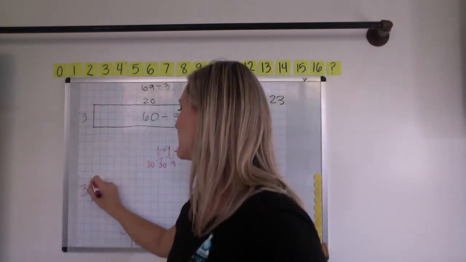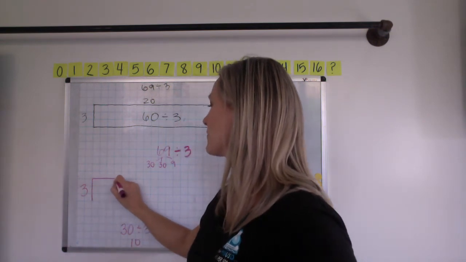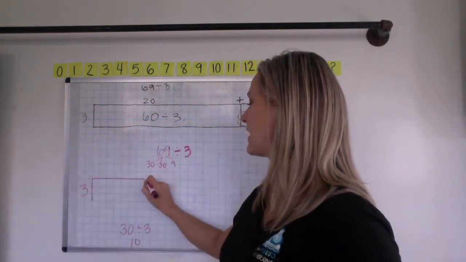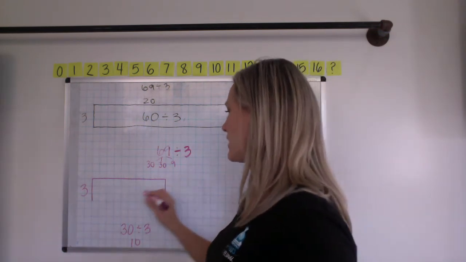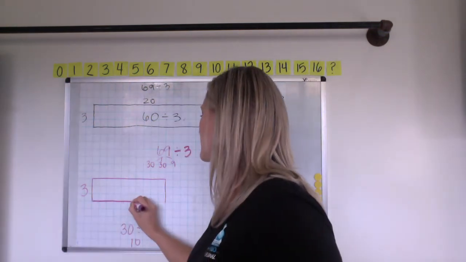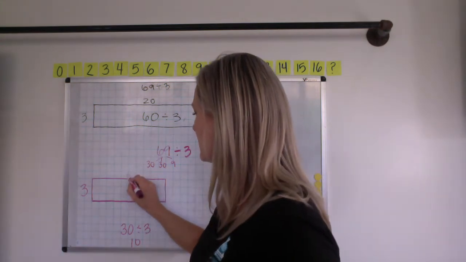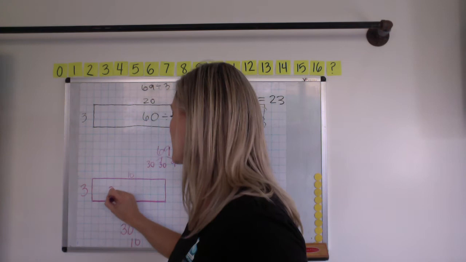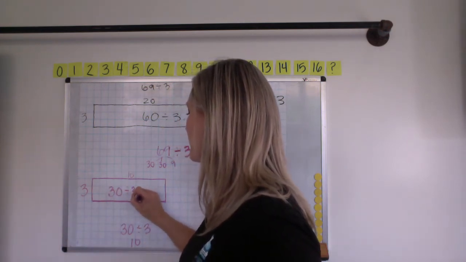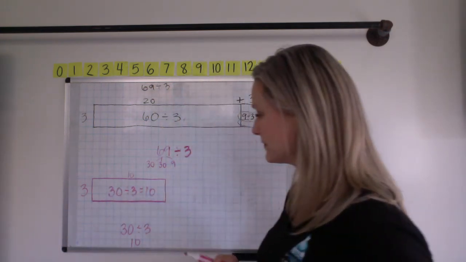I'm going to make 1, 2, 3, 4, 5, 6, 7, 8, 9, 10. So I went 10 across. And 10 times 3 is 30, right? So this is 30 divided by 3 is 10 right here.